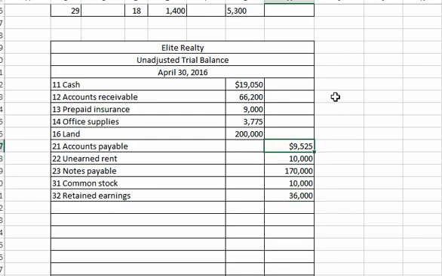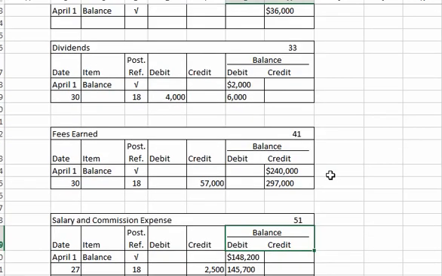Remember, liabilities and stockholders' equity accounts all increase on the credit side, so they all have a credit balance. Next, we have our contra stockholders' equity account, dividends. The dividends account has a debit balance for $6,000.